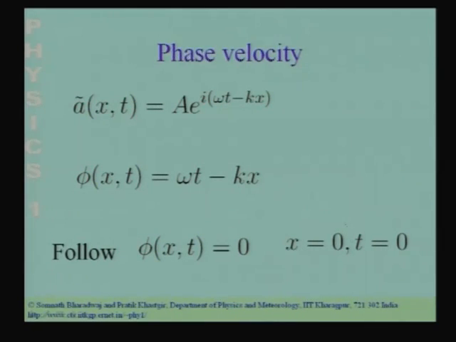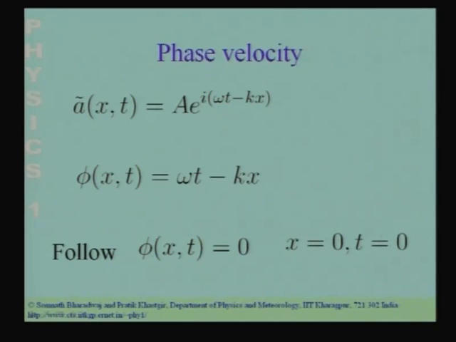Now, the next question is, as time evolves, we start our discussion at t equal to 0, and then we want to see what happens as time increases. The question that we are interested in is, how does the point where the phase is 0 move as time increases?